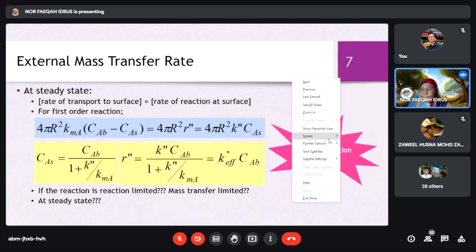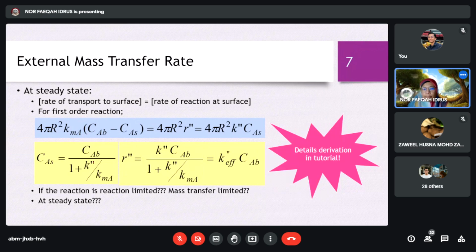Okay. So this is the rate of mass transfer and it is equal to the rate of reaction. The rate of reaction is actually 4 pi r squared multiplied by r double prime. This r double prime is the rate of catalytic reaction, which is equal to this one.